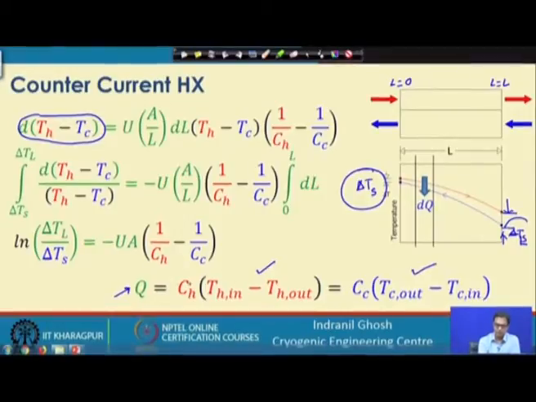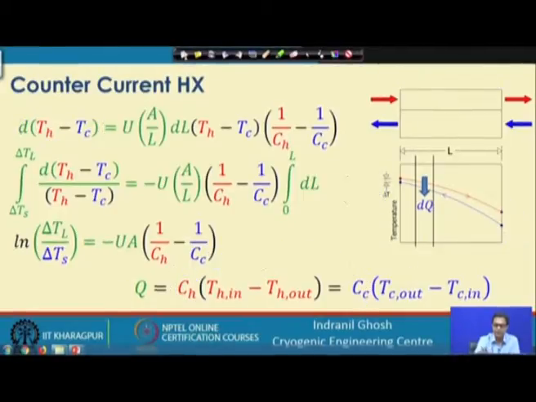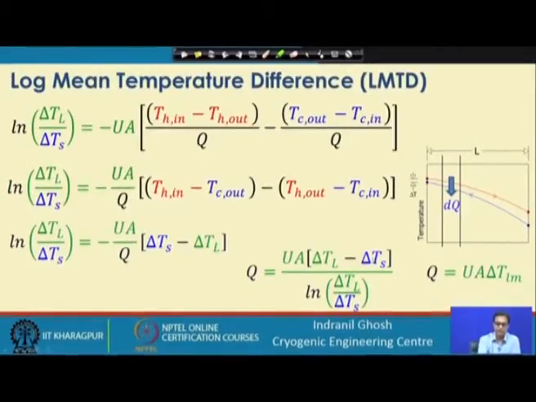So, we can take CH from this expression and put it here, and take CC and put this expression in. If we do that, we find an expression like this, where we have replaced 1 by CH and 1 by CC with these expressions.